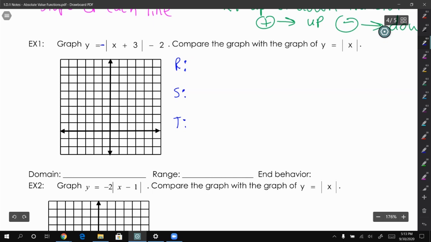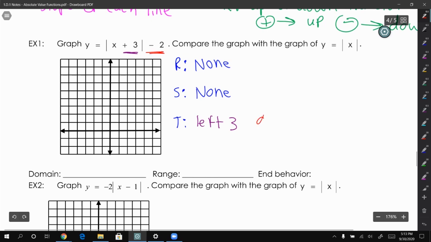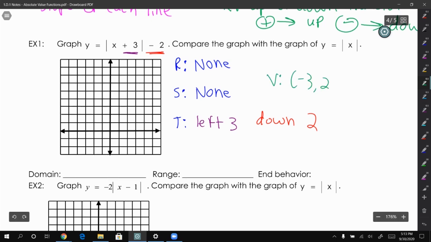There's no negative sign out in front, so that means there is no reflection. There's no number out in front, so that means there's no shrink or stretch. And translation. This is x plus 3 inside the absolute value bars, so that means we are translated left 3. And because we have minus 2 on the outside, it is down 2. So that's where our vertex is going to be. Our vertex is going to be at -3, 2.